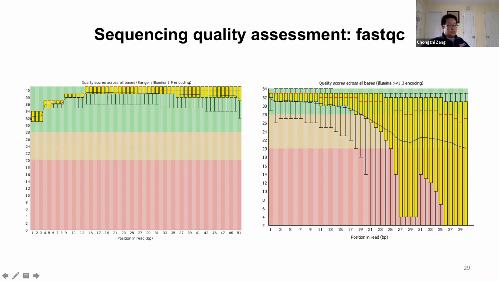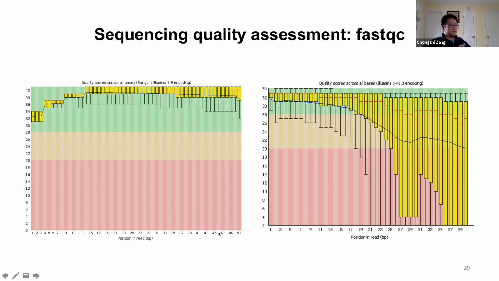It will give a series of different QC measures in the format of an HTML website that you can easily browse. Some of the useful quality assessments include the quality scores of all bases. This represents the position in each of the sequence reads.